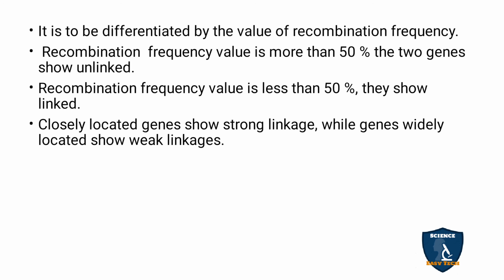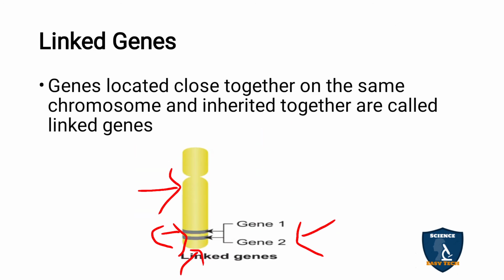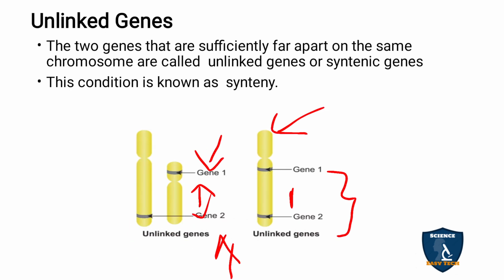Closely linked genes are called linked genes. Genes that are strongly linked and closely located are called closely linked genes, or strongly linked genes, showing strong linkage. And here they are apart.